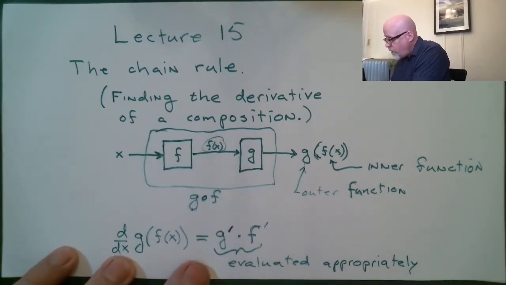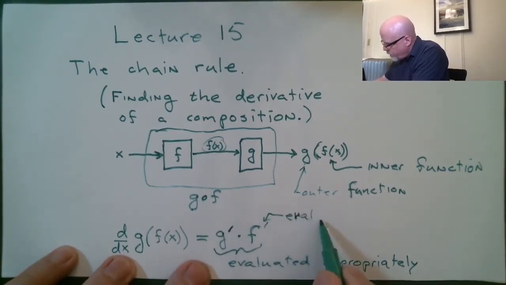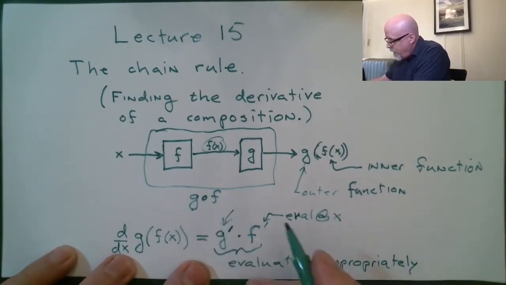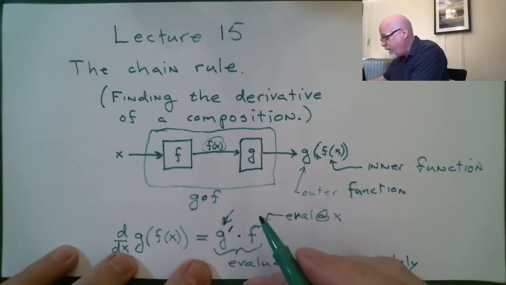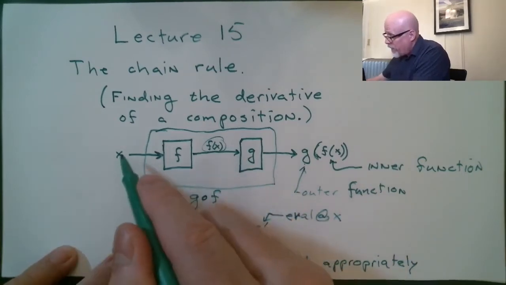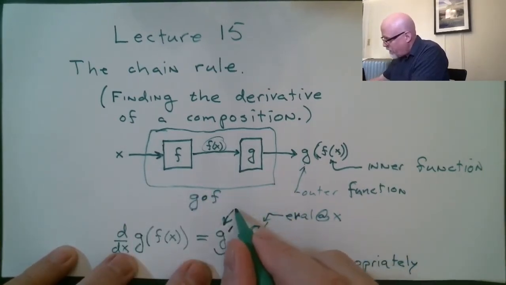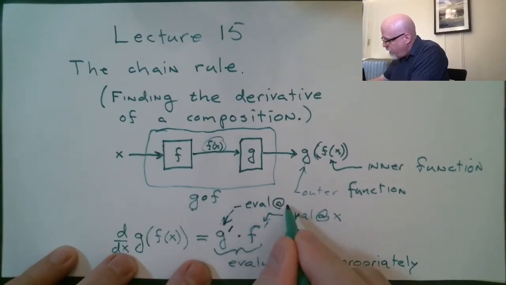Well, those are the places we need to evaluate. f prime, that guy you evaluate right at x. But g prime, you don't want to find out what it is at x. You want to find out at the spot where its input corresponds to what happens when things are at x. In other words, that guy needs to be evaluated at f of x.